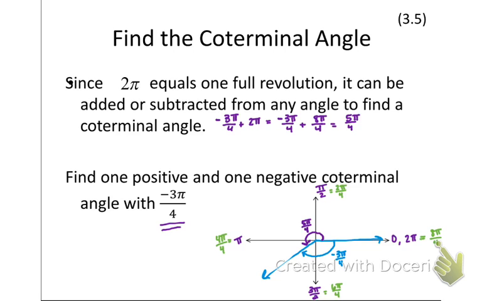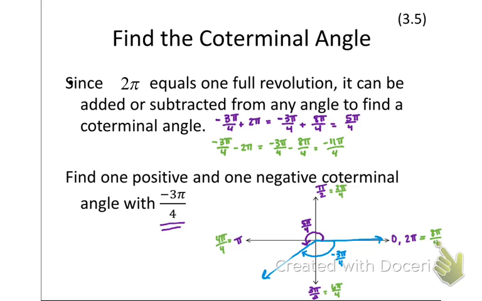All right, now we want to be able to find a negative coterminal. So since it is already negative, if we add 2 pi, we're going to go to positive. So let's go ahead and subtract 2 pi from 3 pi over 4. So really, once again, because we need a common denominator, we are subtracting 8 pi over 4, which will give us negative 11 pi over 4.